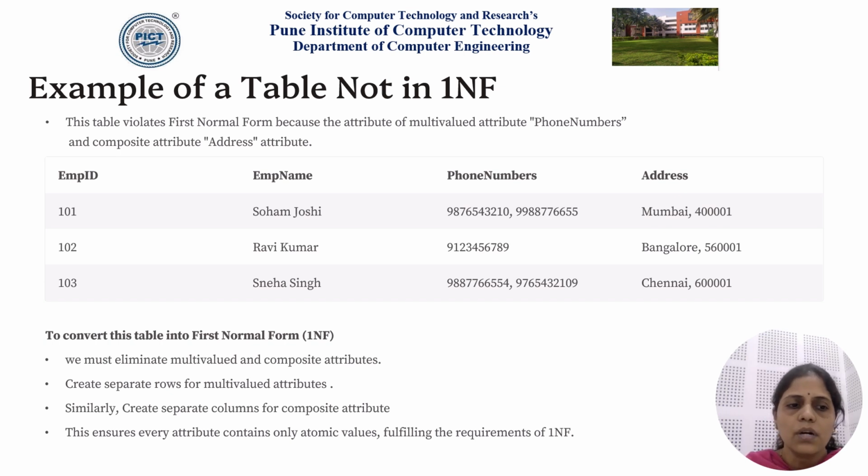So in order to convert this table into 1NF, we first have to eliminate those multi-valued and composite attributes. We create separate rows for the multi-valued attributes: a separate row for the first phone number and another row for the second phone number. Likewise, create a separate row for each multi-valued attribute value.